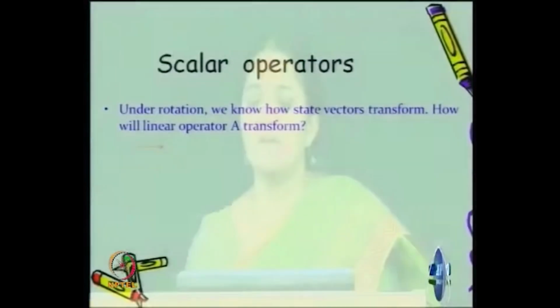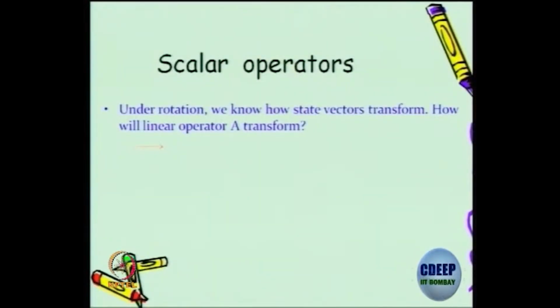So that is why you call it a scalar. Now we want to associate such scalar operators, like a position operator, the radial operator in central force problems. So these radial coordinate operators are scalar operators, is what we will say. But what is the formal definition? Under rotation, we have seen how state vectors transform, and we need to see how a linear operator transforms under rotation, any linear operator.